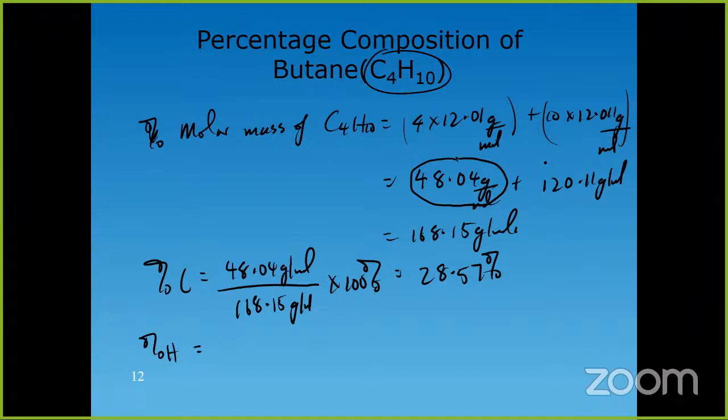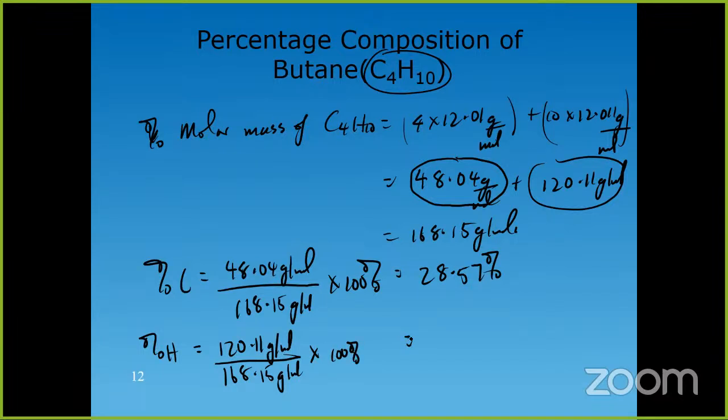which would be this mass here, which is 120.11 grams per mole, again divided by 168.15 grams per mole times 100%. So let's see what that gives. 120.11 divided by 168.15 times 100.